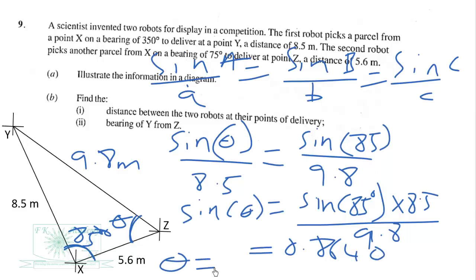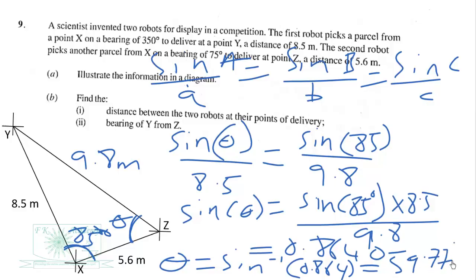So theta will be equal to the sine inverse of 0.8640, which is giving us 59.77 degrees to 2 decimal places, or approximately 60 degrees. So we got the angle here to be approximately 60 degrees.